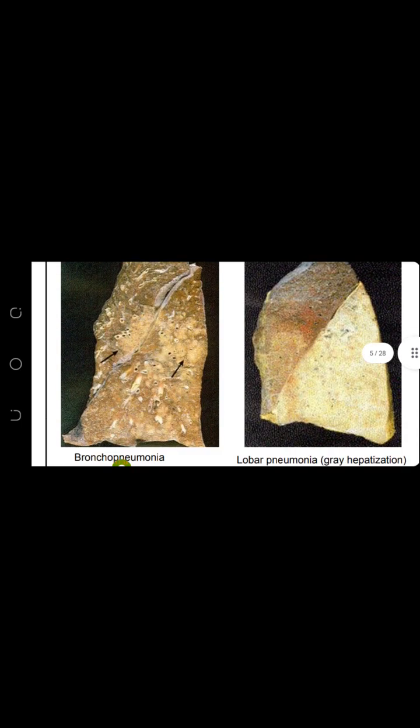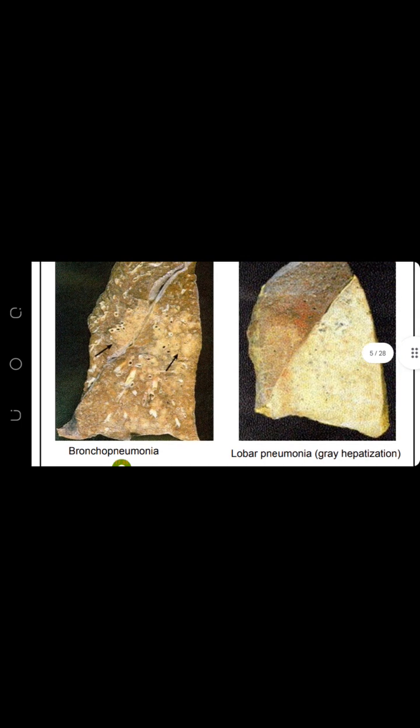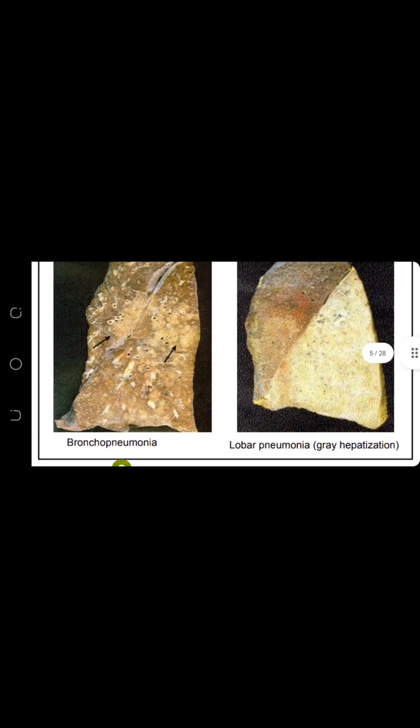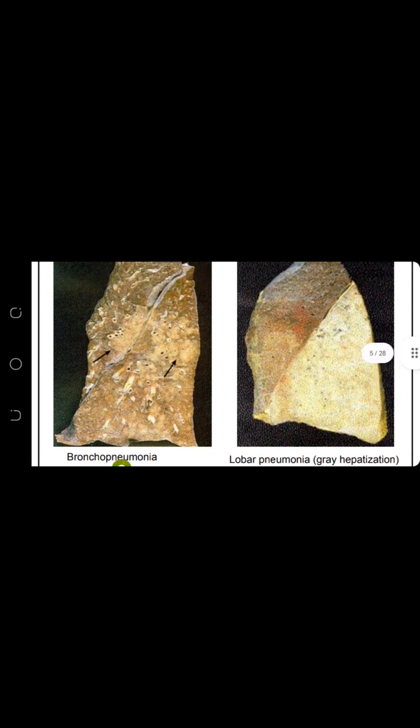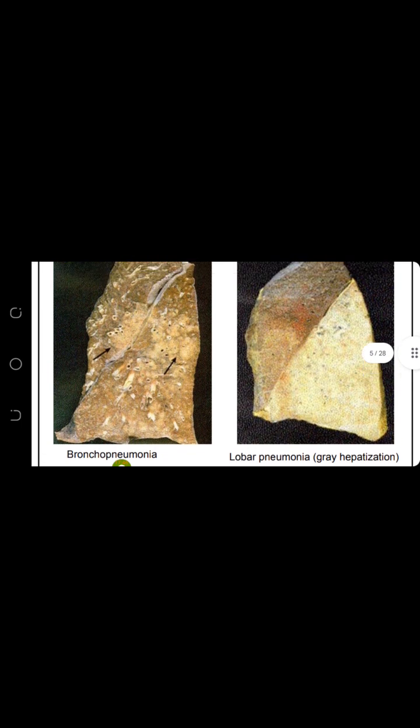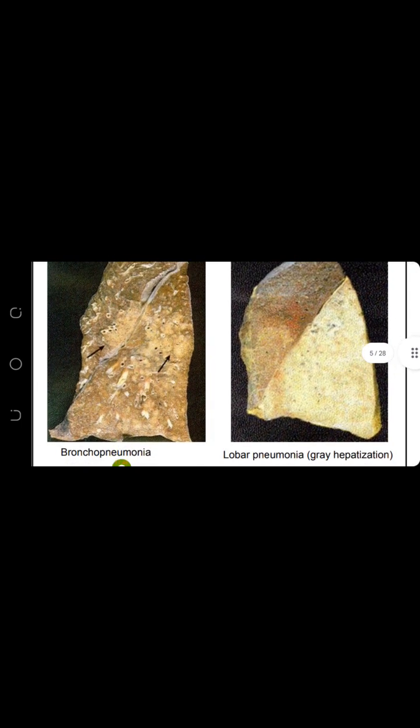Okay, so when you look at these entire lobes of the lungs, that's how they usually look. They appear like this. This one is the bronchopneumonia. So if you are just looking at these lungs, you can tell according to the lobes that they have. I can only see two lobes here.